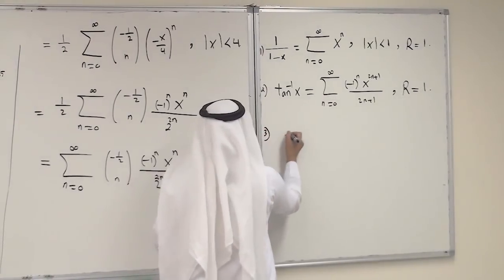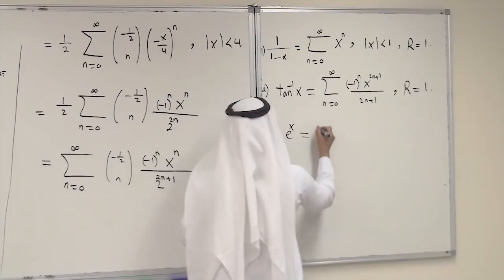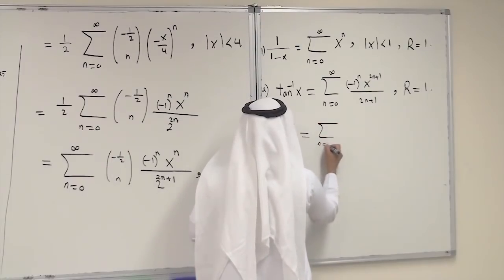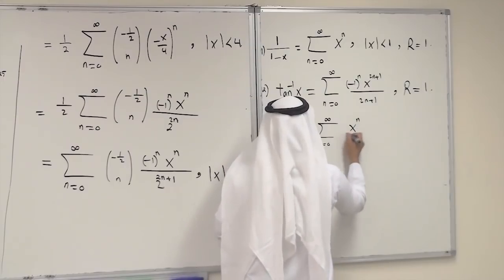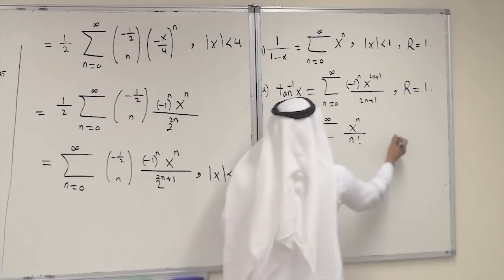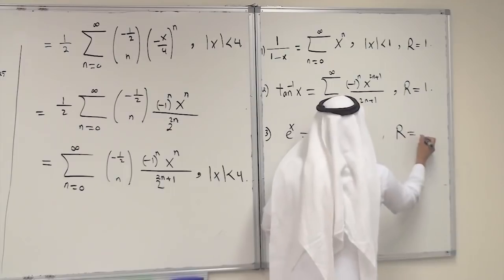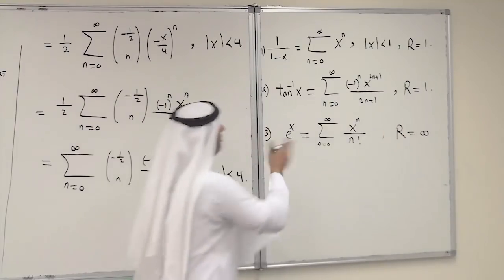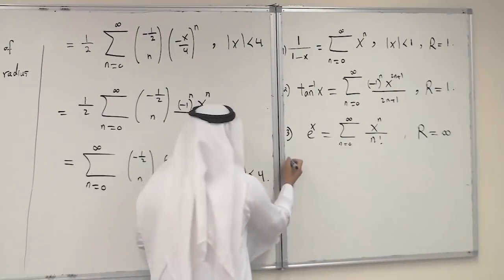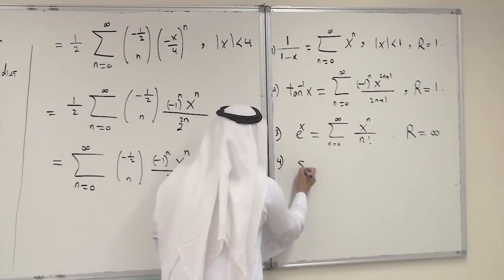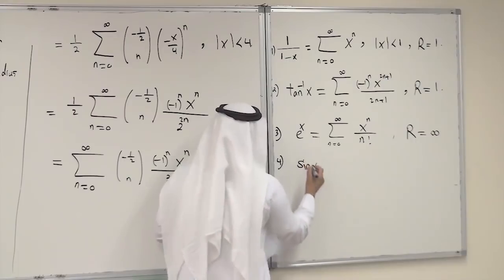The third one we did today is e to the x. E to the x is the sum from n equal to 0 up to infinity of x to the power n over n factorial. And here the radius of convergence is infinite. It means it is convergent for any x. That is the third one. The fourth one, we derived for the sine of x in terms of Maclaurin series.